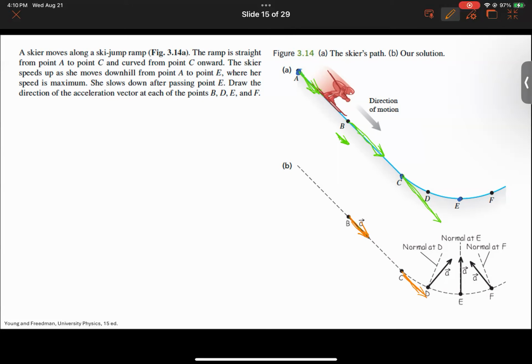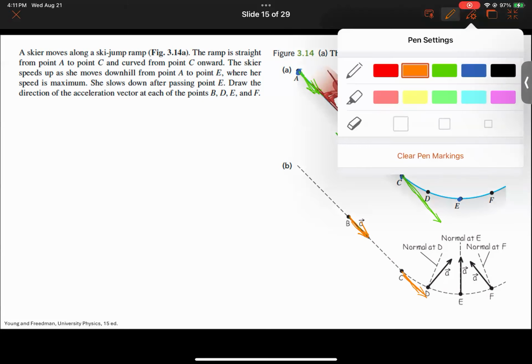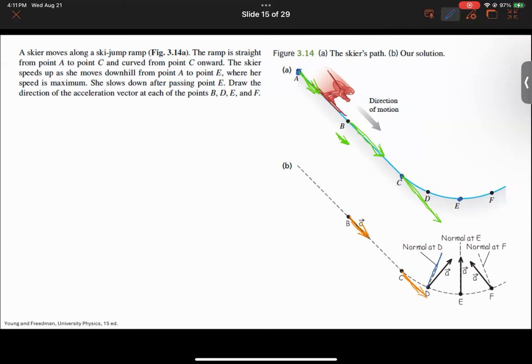And dahil nag-turn siya at the same time, nag-increase pa yung kanyang speed, so ibig sabihin, the acceleration vector is in front of the normal line. So if this is the normal line, yung acceleration vector ngayon is in front of that. Kasi remember yung direction of motion ay paganyan, diba? So nasa harap ng normal line yung velocity vector. Now at point E, yan na yung maximum na speed.